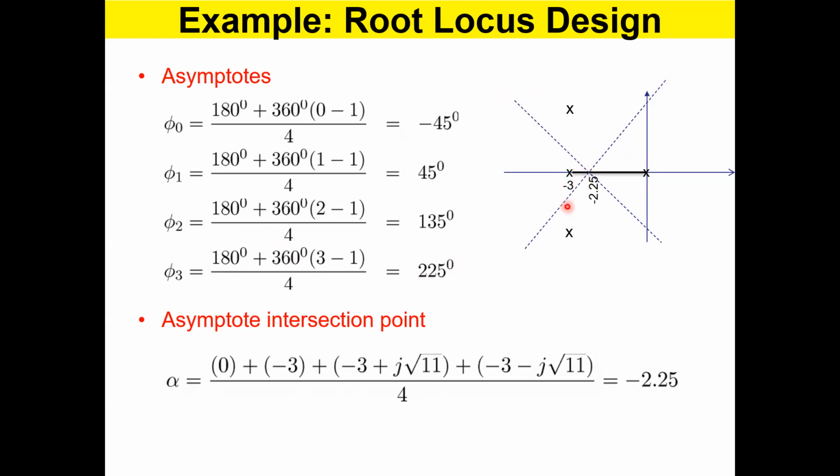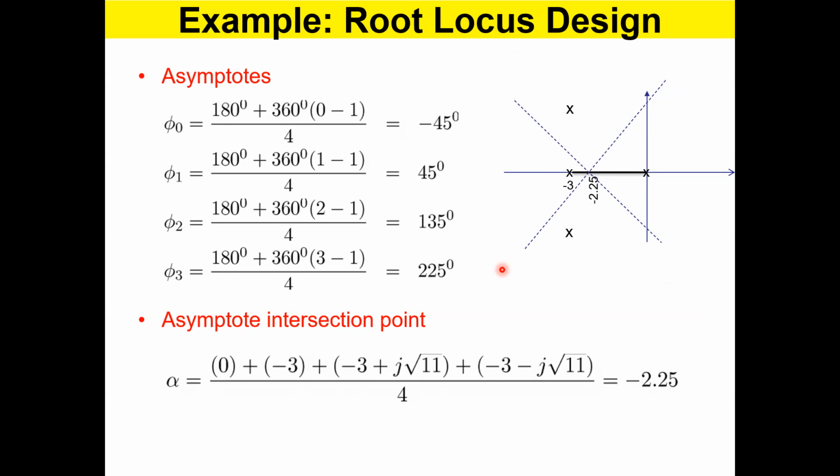So eventually you will see this plus 45 and 225 is one straight line. And negative 45 and 135 is another straight line. So one of these poles goes this way and another pole goes that way in the same line. And the other 2 poles, one goes this way, the other goes that way.